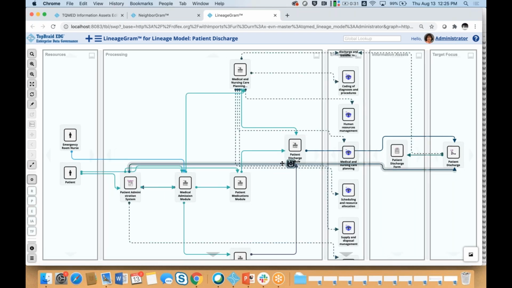We can also see what parts of the organization are involved in this process, such as medical and nursing care. So it's another example of the use of knowledge graphs, as we do in Edge, for capturing the data ecosystem and infrastructure around data for organizations.